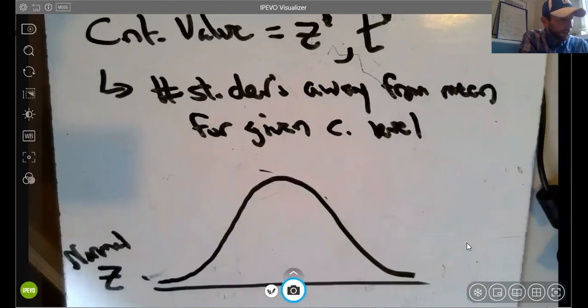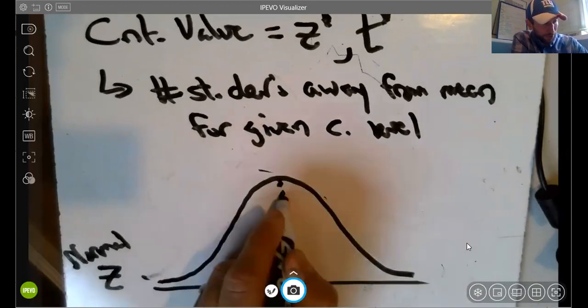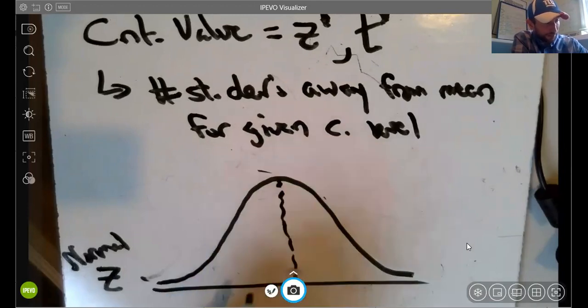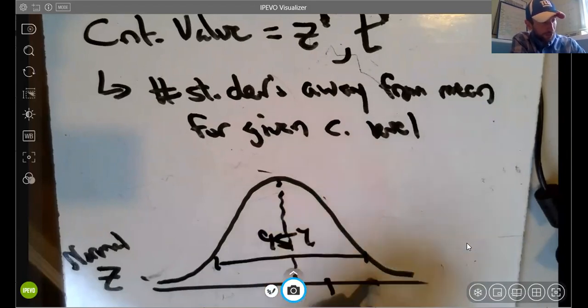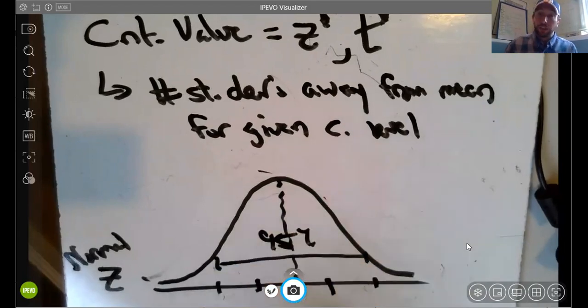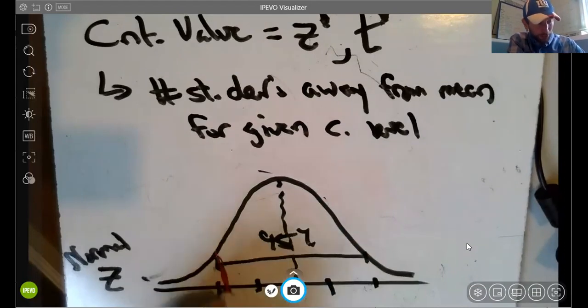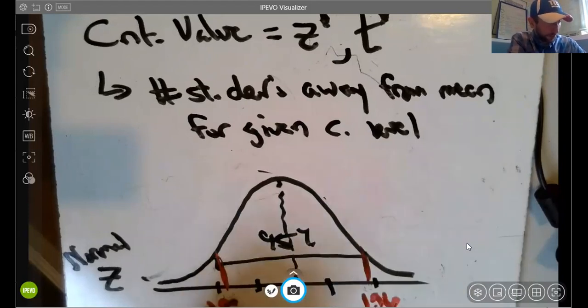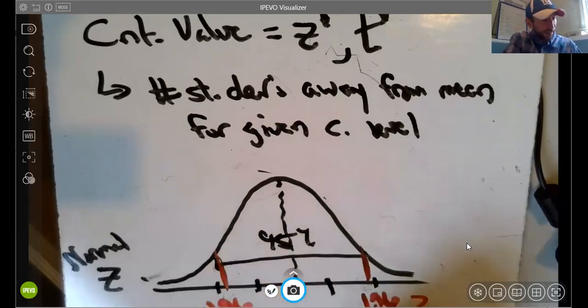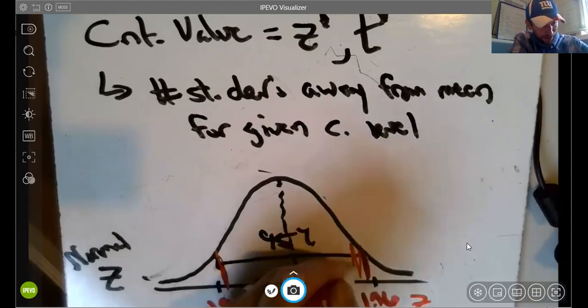A little better. Anyways, the critical value is, if I want to contain 95% of the data, how many standard deviations do I have to move to the left and to the right? If we recall the empirical rule, the 68, 95, 99.7 rule, roughly 95% of the data is within 2-ish standard deviations. But then we learned that this was 1.96 and negative 1.96. So the Z-scores of negative 1.96 and 1.96 would contain 95% of the data.